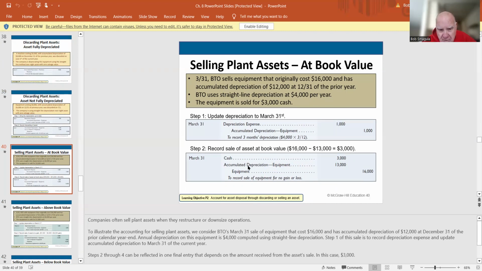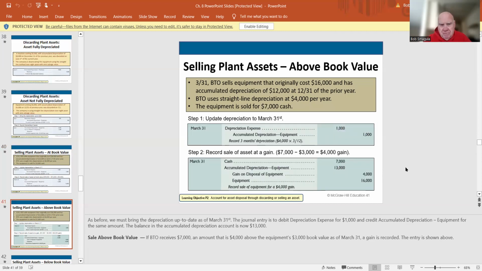What do we know we debit automatically? We debit the cash. We debit the accumulated depreciation. We credit the original cost of the equipment. And in this case, we're done because the book value was 16 and we got 16,000 for it. No gain or loss.